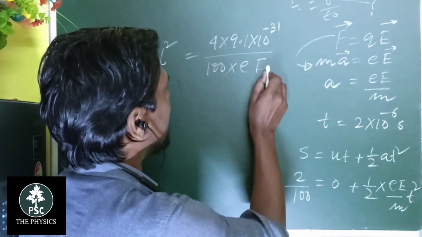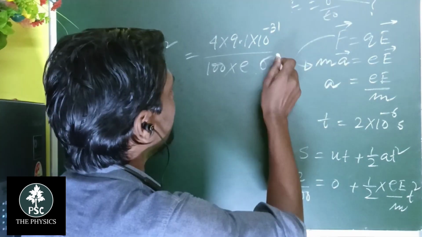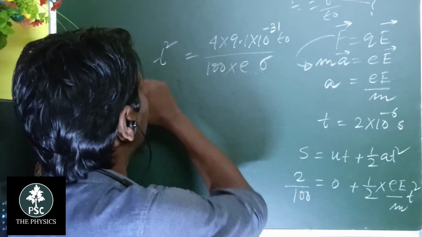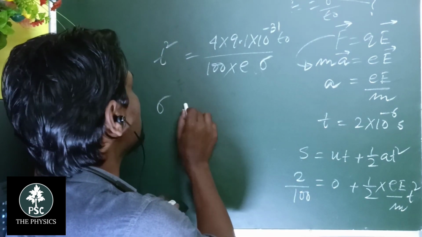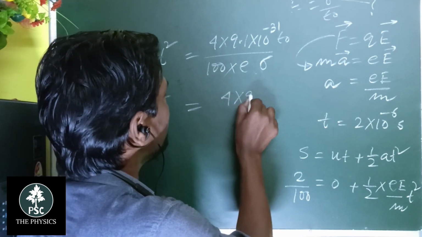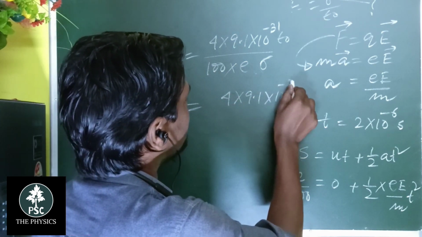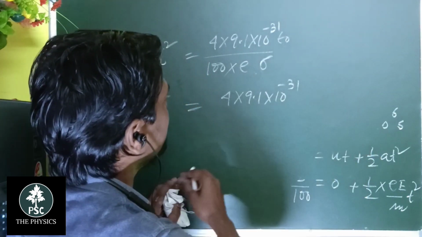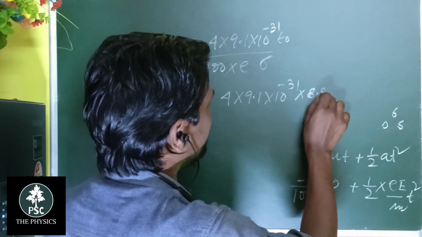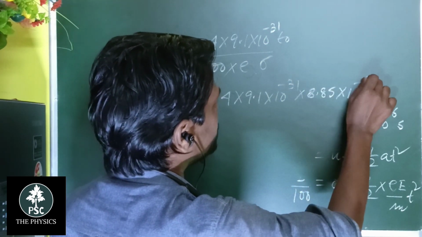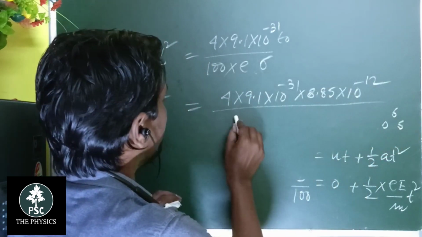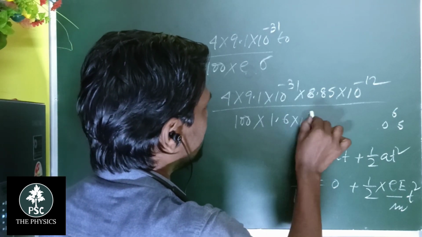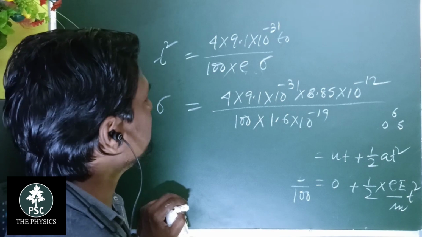E into E, and in place of E we can write sigma by epsilon naught. If we substitute sigma in place of T square, then 4 into 9.1 into 10 to the power minus 31, then epsilon naught, that is 8.85 into 10 to the power minus 12, by 100 into electronic charge 1.6 into 10 to the power minus 19 into T square.